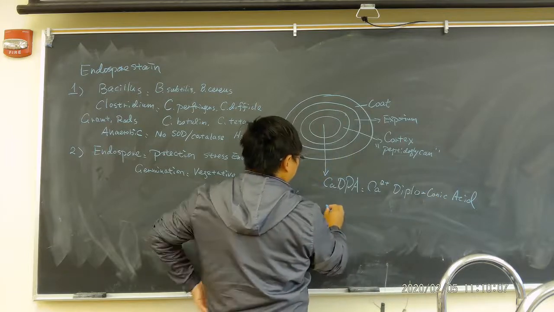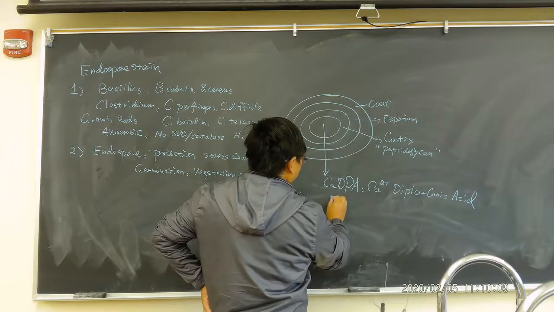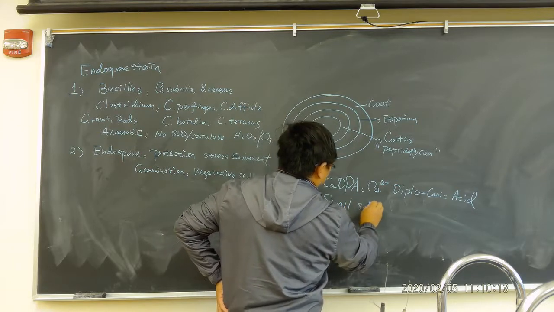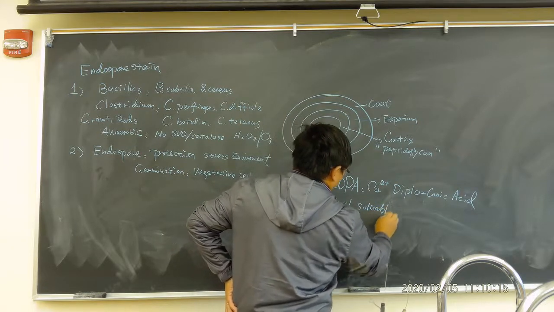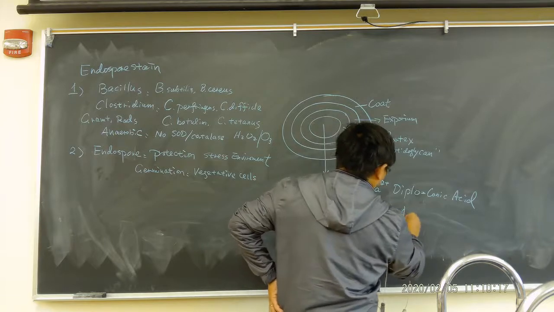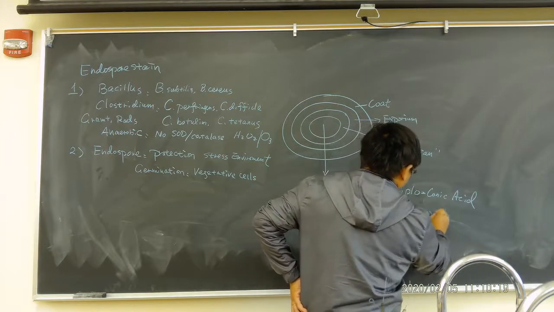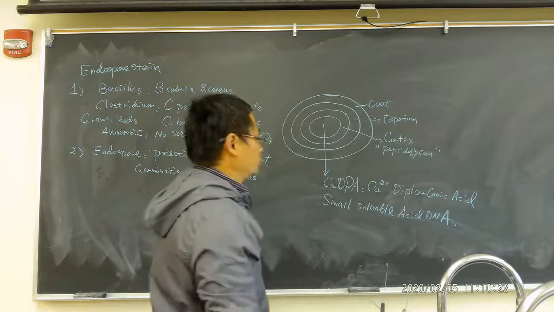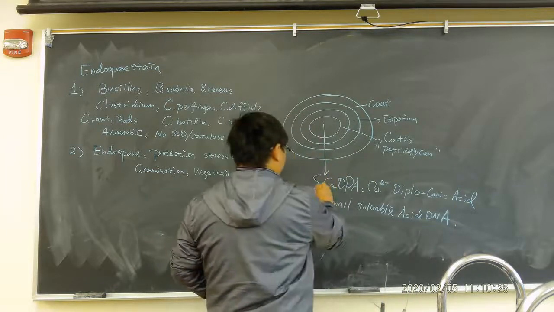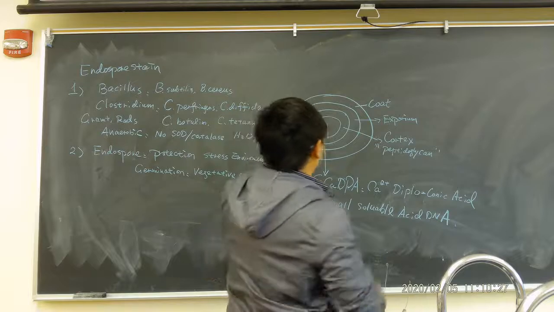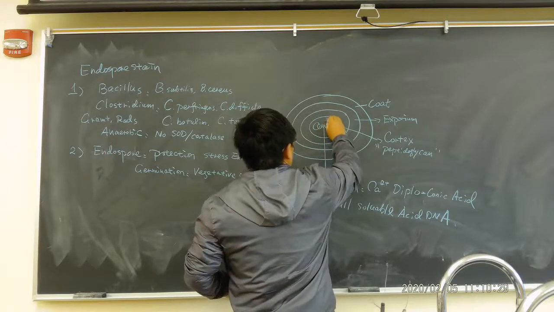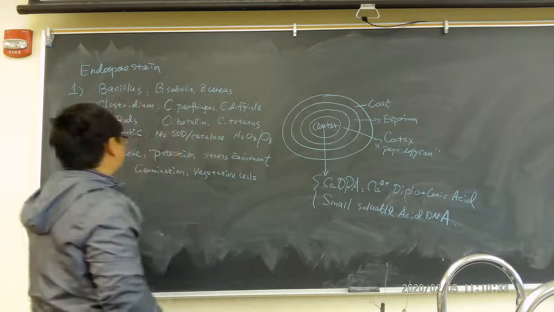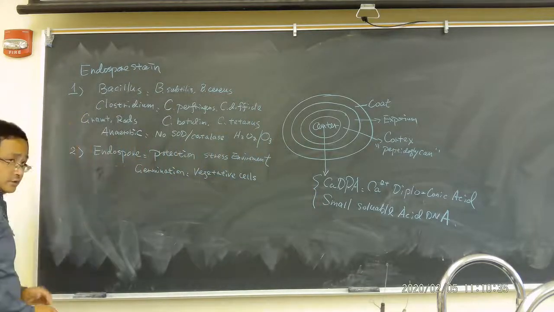And another one is called small acid-soluble proteins, or SASPs. Those are the major structures inside of this center that help the bacteria survive in the stress environment.